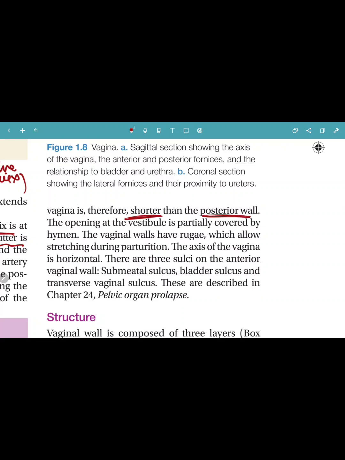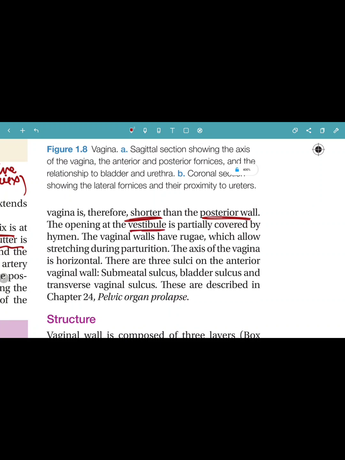The opening at the vestibule is partially covered by the hymen. The vaginal walls have rugae which allow stretching during parturition.